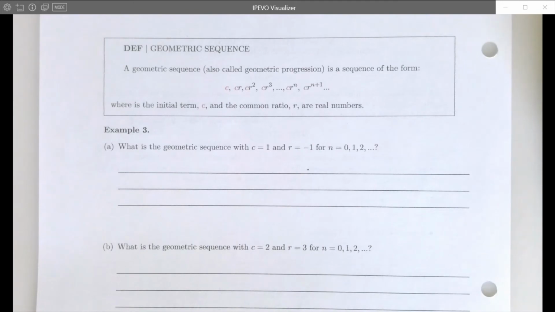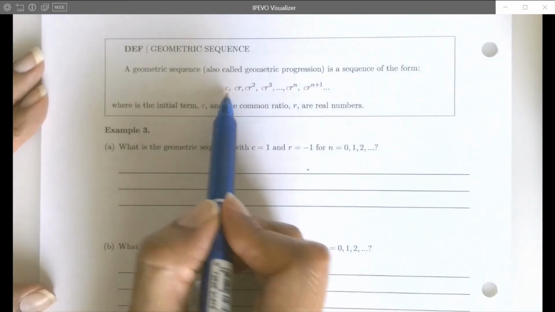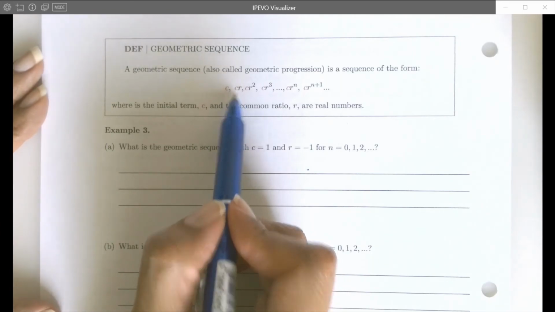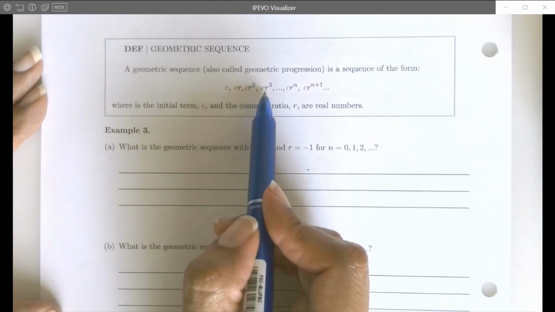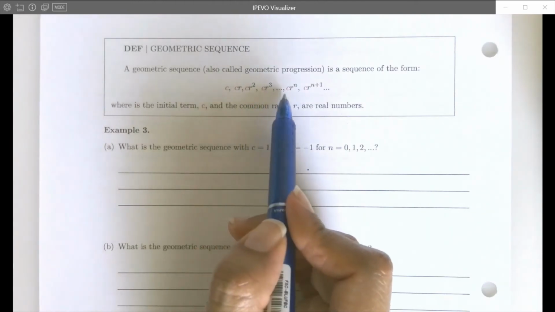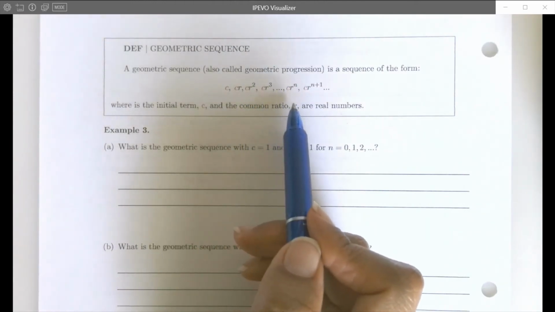On page 2, we start looking at some special types of sequences. The first one being geometric sequence. So a geometric sequence, which is also called a geometric progression, is a sequence of the form a constant, then the constant times some r, and then the constant times some r squared, the constant times some r cubed, and the pattern continues.